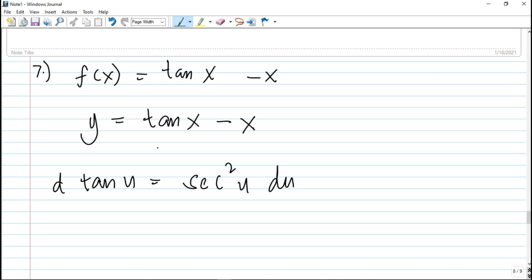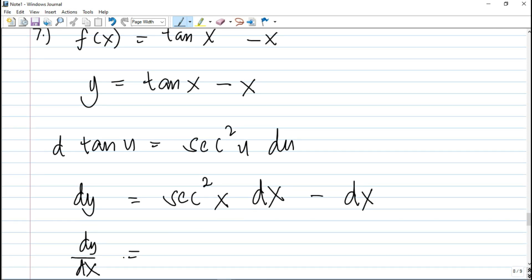Okay, so i-differentiate natin siya isa-isa. So, derivative of y here, then we have here, derivative of tangent x is secant squared x. So, derivative ng inside function x is dx. Then, derivative ng x dito is, we have here minus dx.